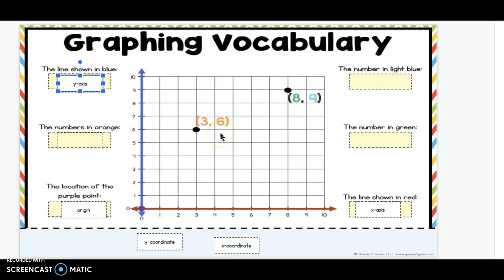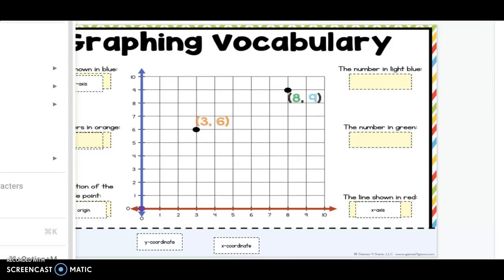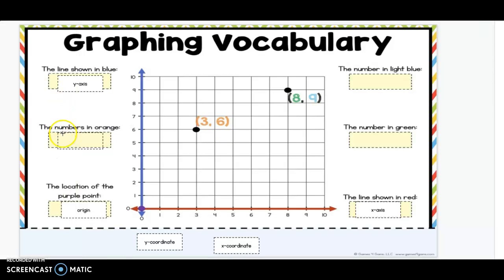This is called an ordered pair. I am noticing that went away, so sometimes teachers make mistakes. Let me just add a text box there. That is called an ordered pair. All right, so it's 2 numbers. They're a pair. That's an ordered pair. Up here, we see a number in green and a number in blue.